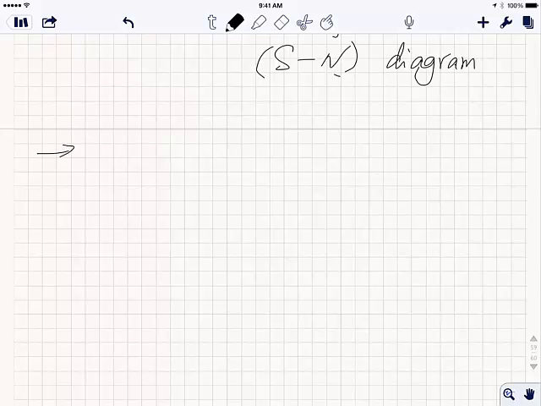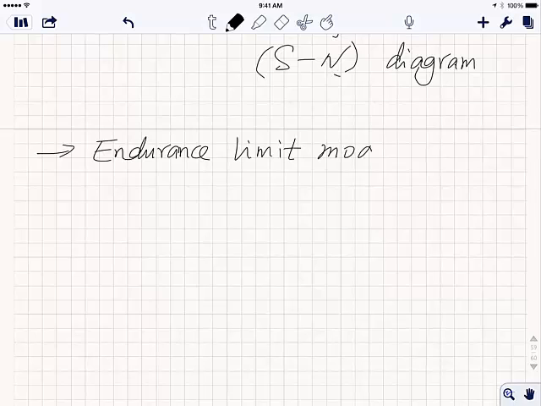So, endurance limit modification factors. First one, surface conditions.